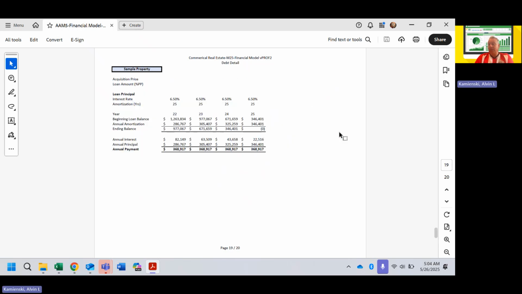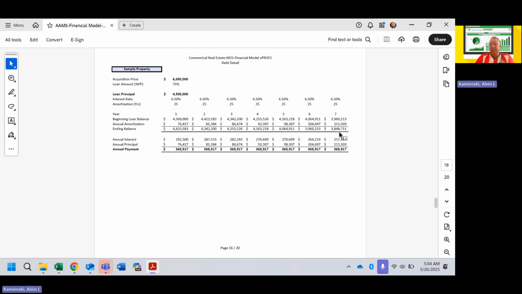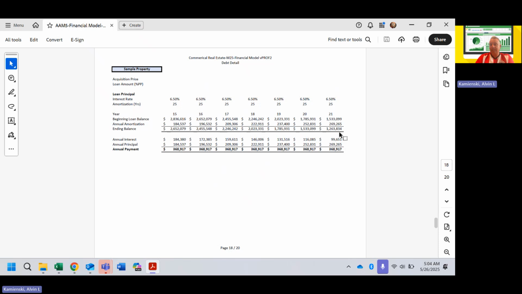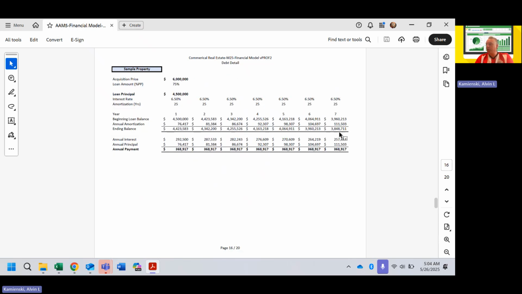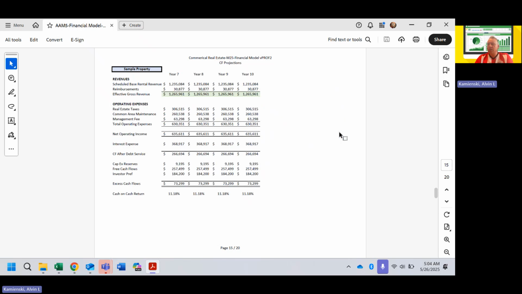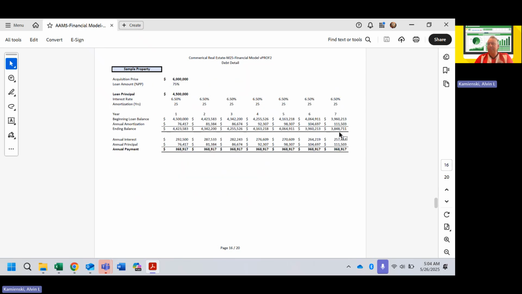This debt detail page is going to run pages 16 through 19. I already pre-formatted it for you, so a lot of debt detail will be easy. We're just going to pull stuff in.